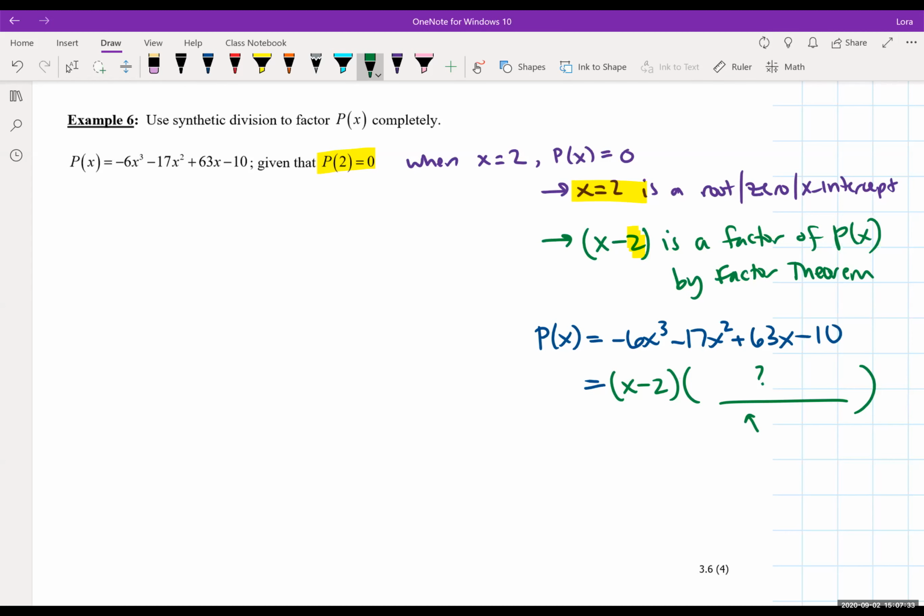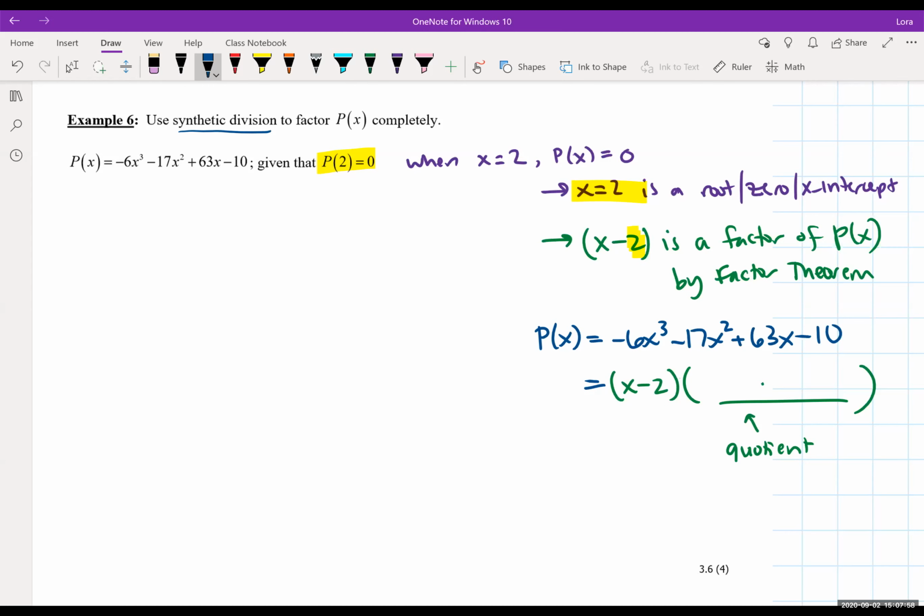It's the quotient part. So we'll get to that. But at least with just this information, you already have an idea of where this problem is headed. It also gives us an indication in the directions, which I love. They're asking us to use synthetic division, so this is going to be useful.